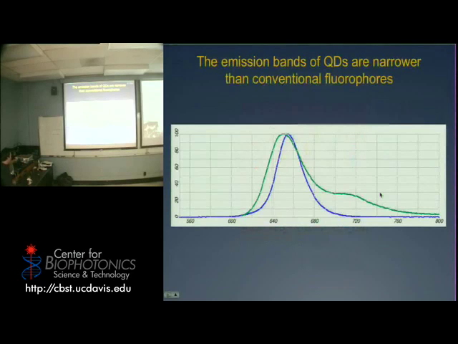What are the main characteristics? So the green line is a normal fluorophore. The blue line, the emission of a normal fluorophore, say an organic molecule. The blue line is the emission of a semiconductor quantum dot, like the ones that are passing around. You can see that the green line is much broader than the blue line.